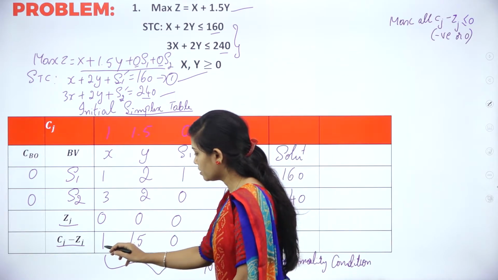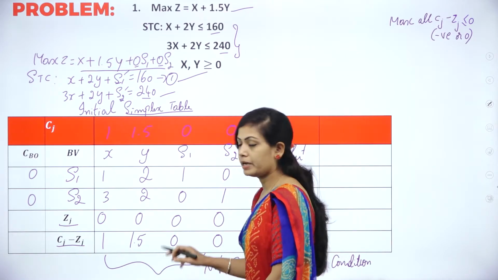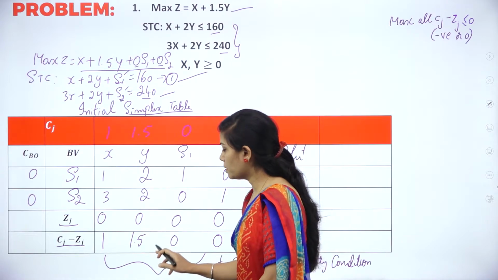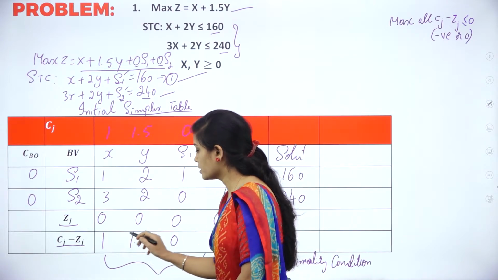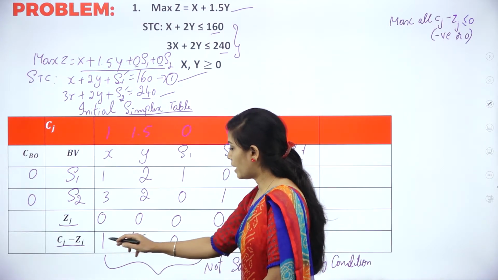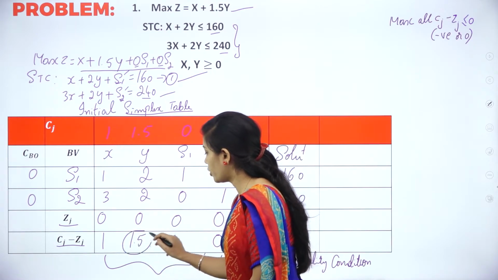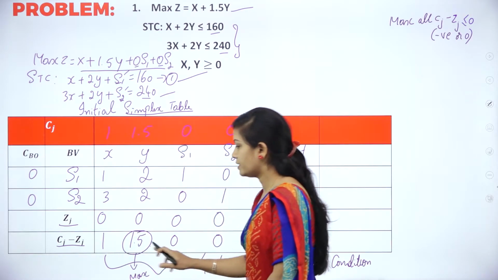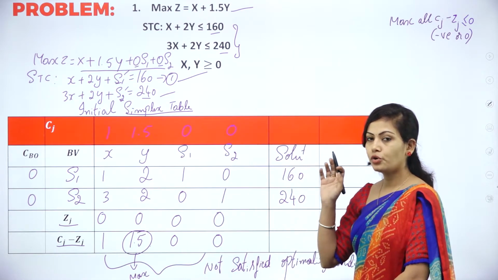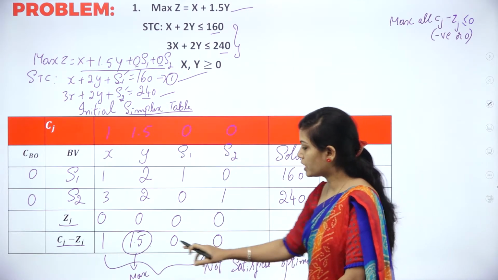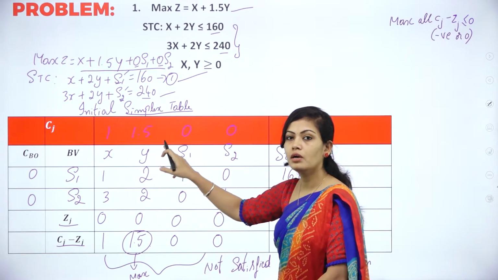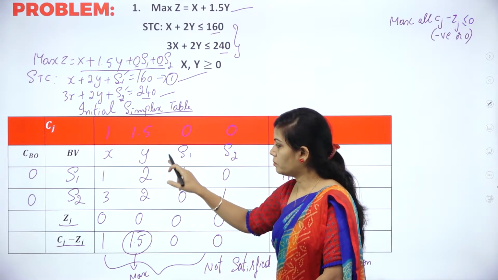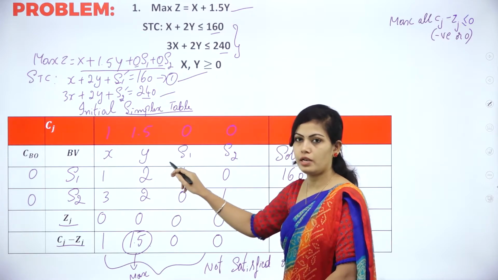You just see the Cj minus Zj values and mark the maximum positive value. Here 1 is there and 1.5 is there. The maximum value is 1.5. This is the maximum value in Cj minus Zj. This maximum value comes under the column called Y. This column is called the key column.